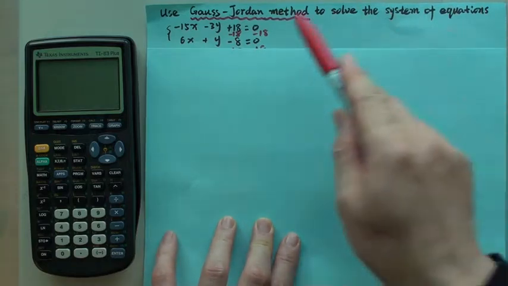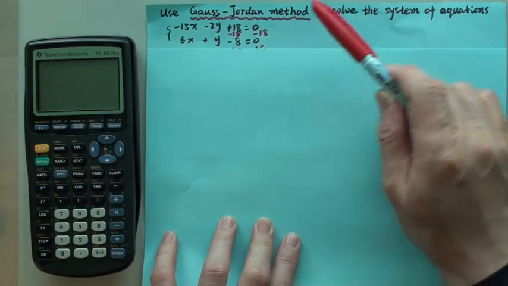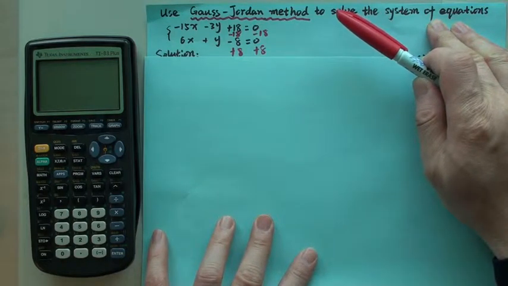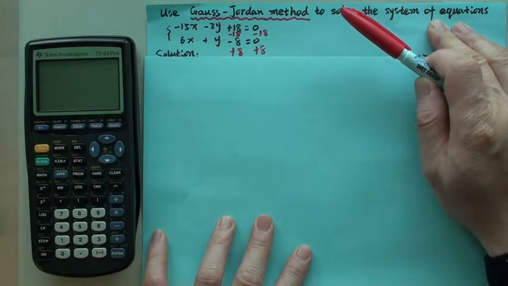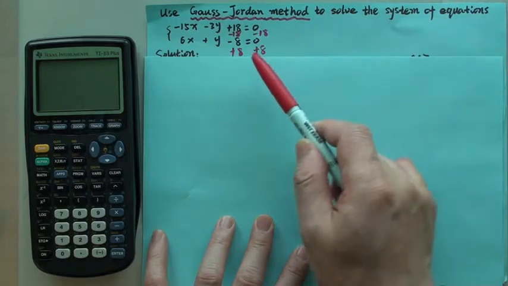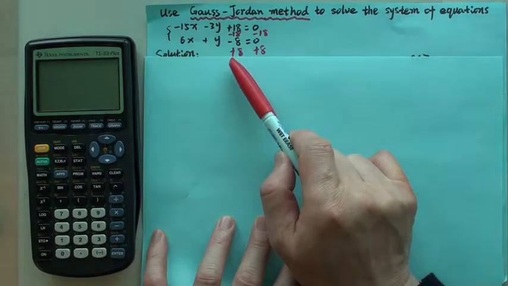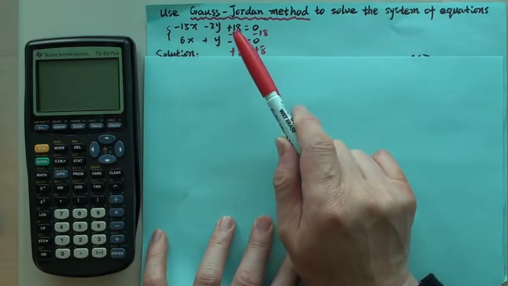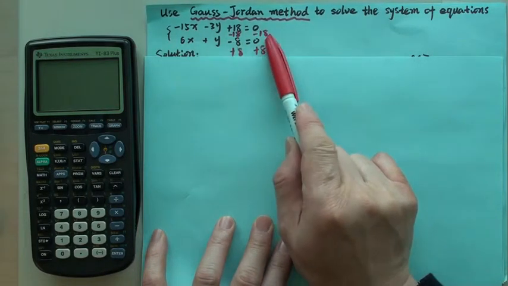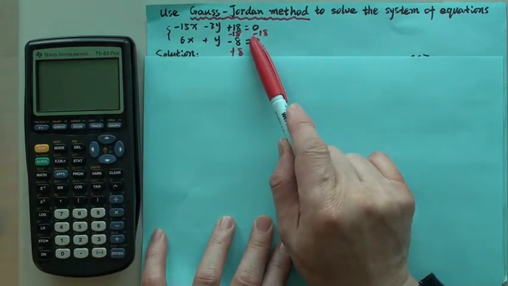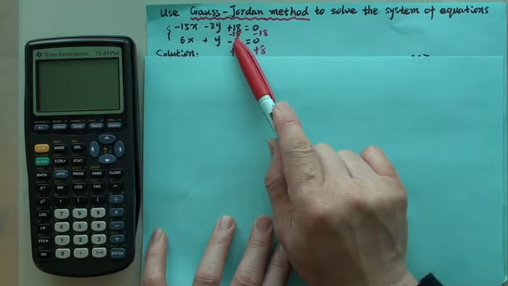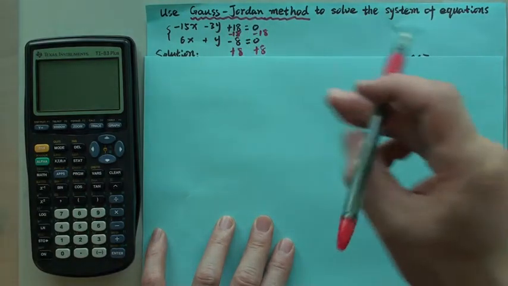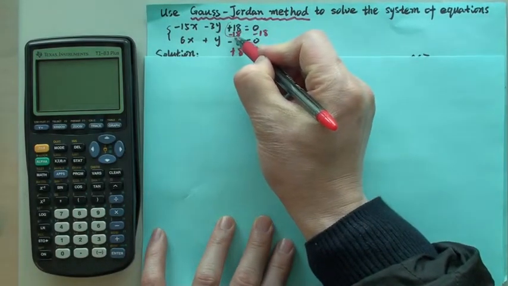Before we do the Gauss Jordan method, we need to have an augmented matrix. So step 1 is to find the augmented matrix. For the first equation, subtract 18 from both sides, and then these two will be cancelled.